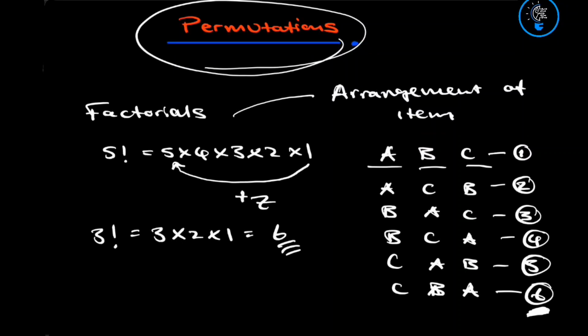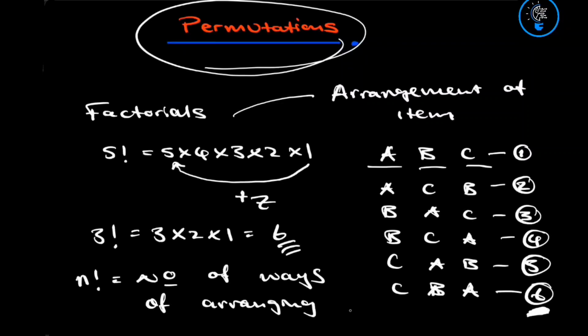By the way, this is the other way of defining what a factorial is. You can define n factorial as the number of ways of arranging n objects.